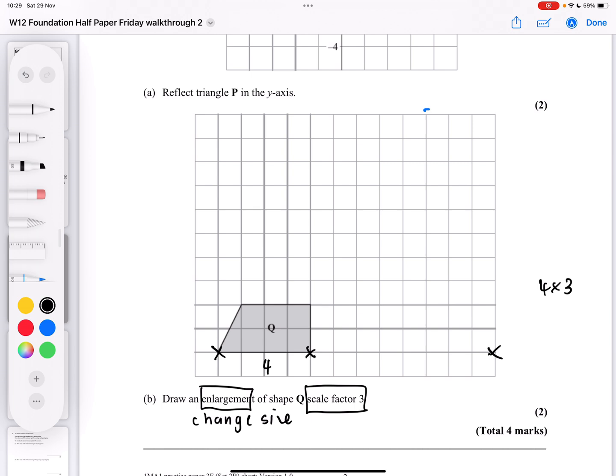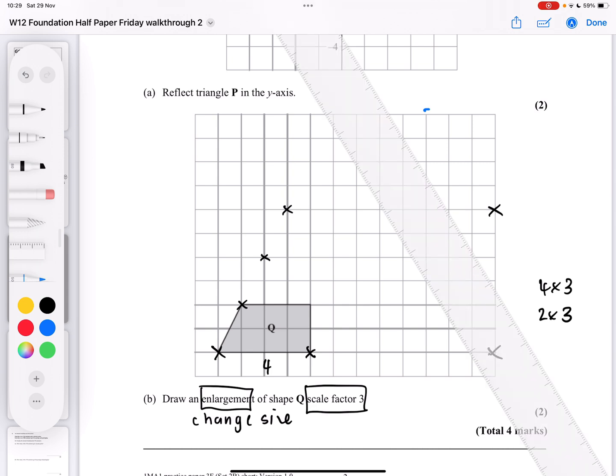From this position, the original image goes up by 2. So that's going to be 2 times 3, which means I'm going to go up by 6. Then this is the one that will challenge most people. This distance needs increasing by 3, which takes us to that final position, and then we need to use a ruler to join up the vertices.